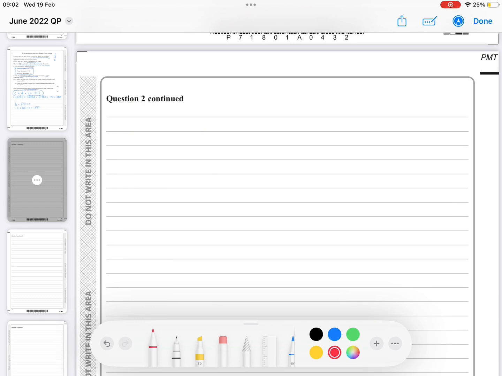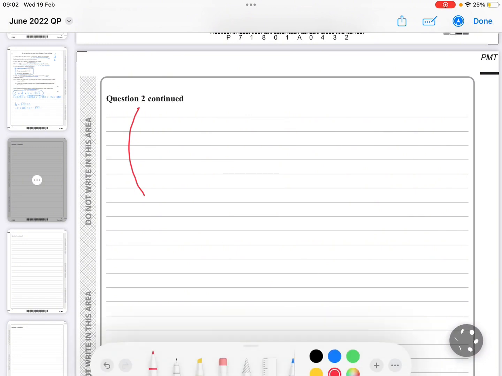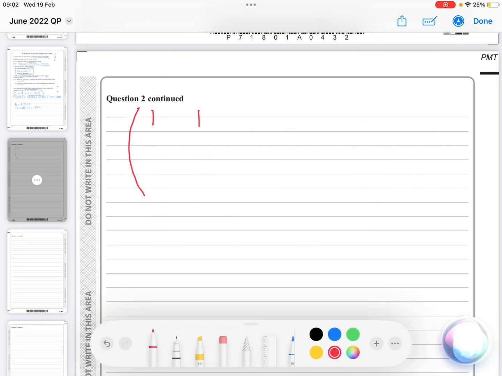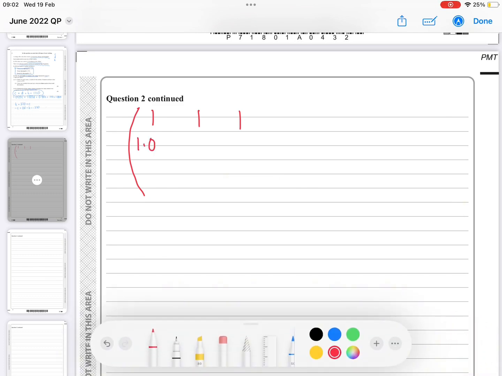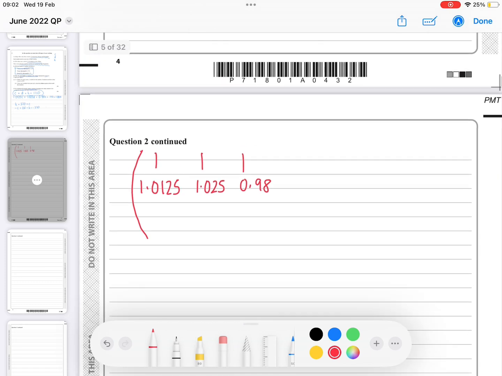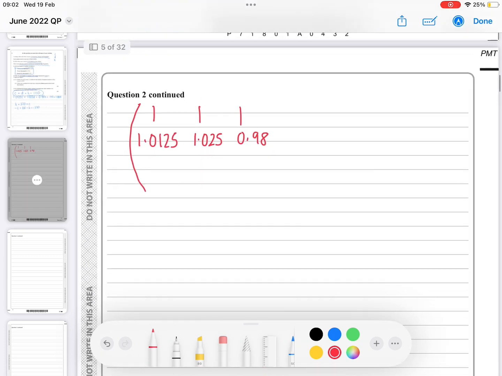So we have 1, 1, 1, 1, 1.0125, 1.025, and 0.98. And then we said that we had minus C, 0D plus H. So minus 1, 0, 1.